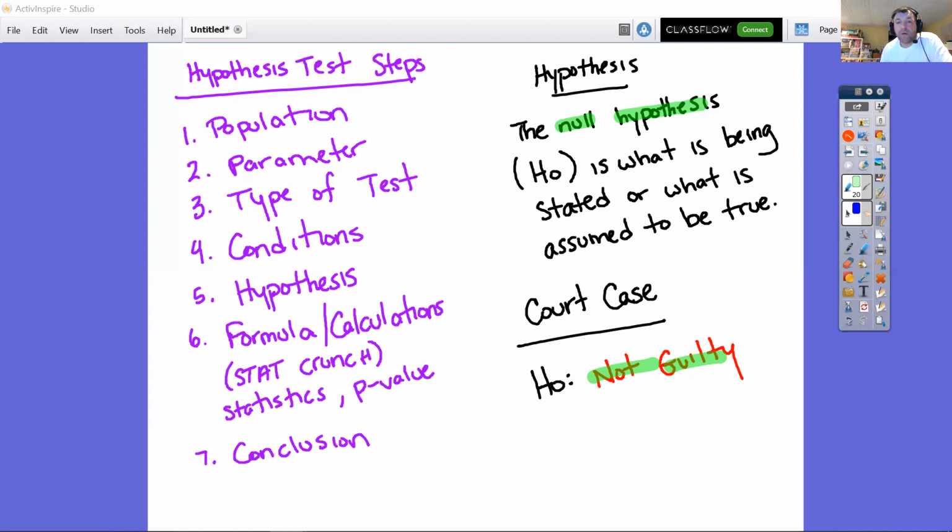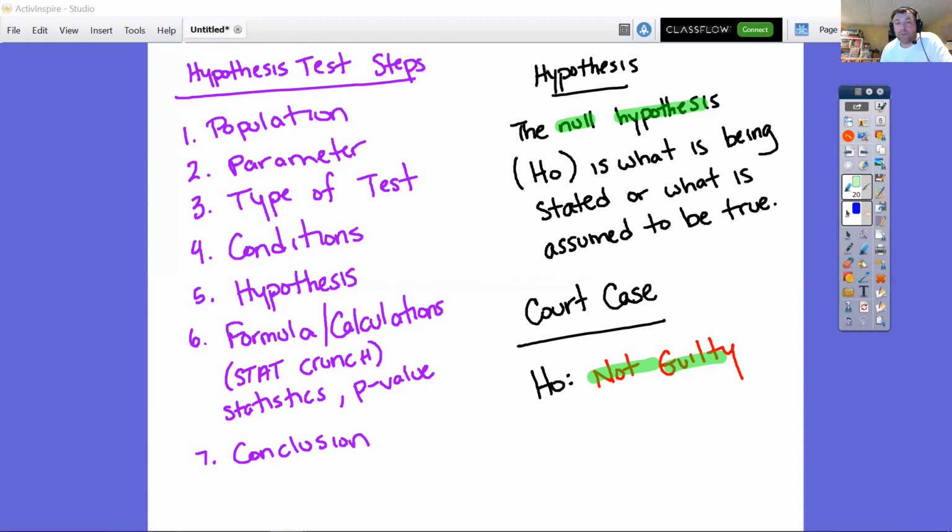But anytime somebody poses a question or makes a statement, if you don't believe it's true, then you could conduct a hypothesis test to see, is there evidence that suggests that it's not true? You might read an article, you might see a commercial, somebody might just make a statement to you.